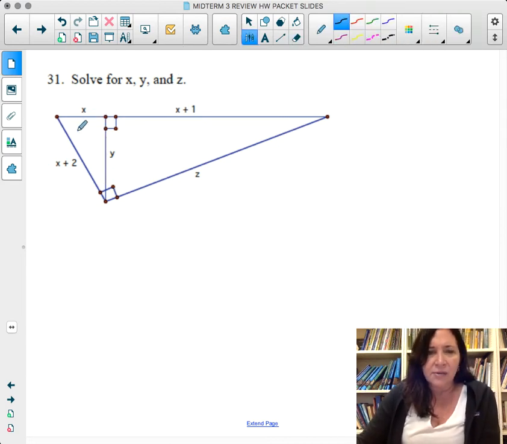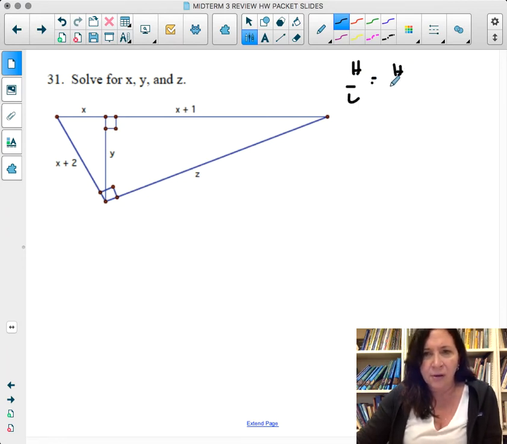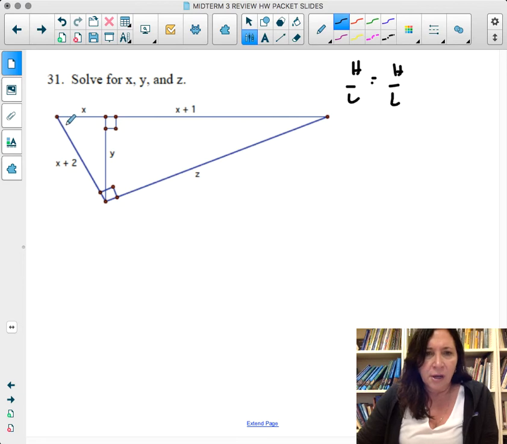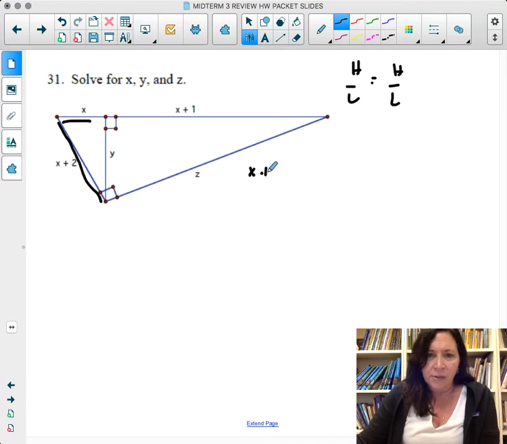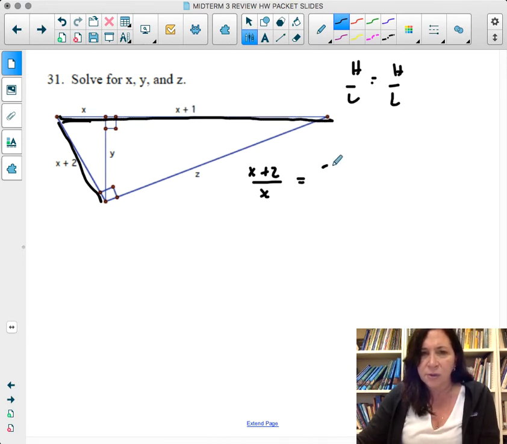So what I need is to do something like my hypotenuse is to leg as hypotenuse is to leg. So we're going to go small triangle, hypotenuse is to leg. So I'm going to go x plus 2 is to x as large triangle, hypotenuse, so that's 2x plus 1 is to leg, same leg, x plus 2.